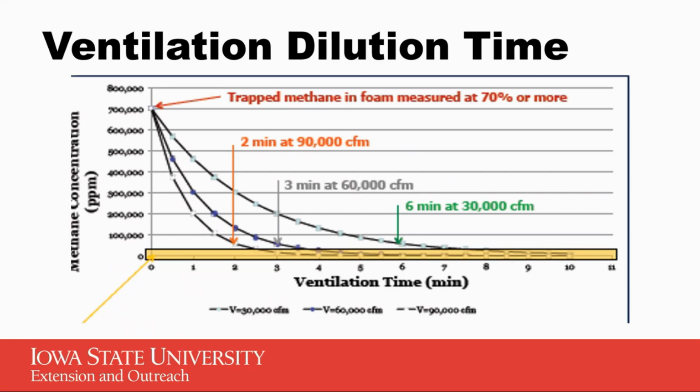And you can see within about 2 to 3 minutes, we can at least get it down to a threshold where we're at least below that parts per million or that flash fire concern. So certainly if you're going to go through and try to break any of the foam up, whether it's through power washing or running a sprinkler system, be able to obviously have that ventilation running at a minimum or fast enough rate, so as you break it, you can exhaust a lot of those gases out as well.